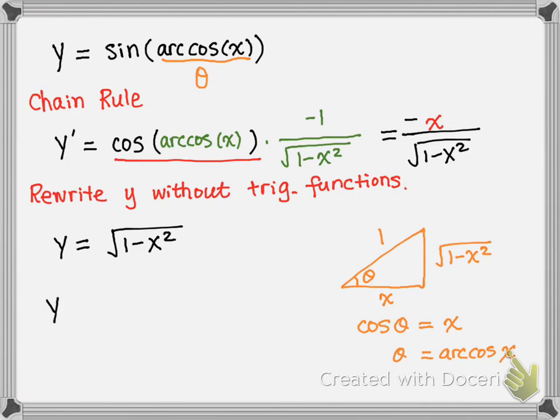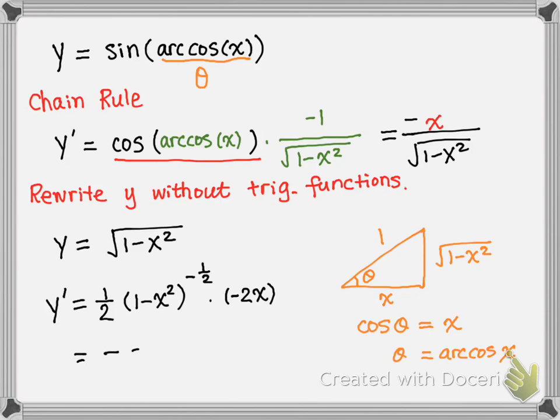So y prime is the general power rule, right? The power comes down. 1 minus x squared, power decreased by 1, negative 1/2, times the derivative of 1 minus x squared, which is negative 2x. Then you simplify. 1/2 and negative 2 multiplied together give you negative 1.